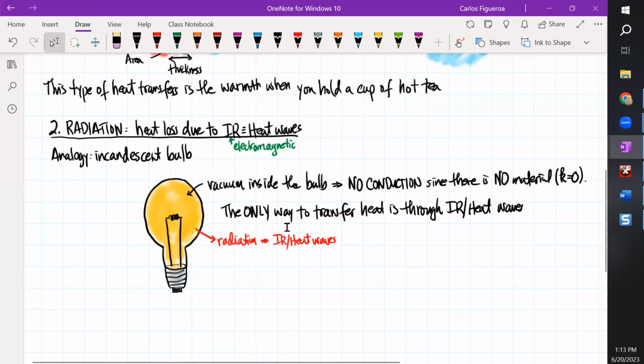Now, there are several other ones. The other one that we can look at is called convection.